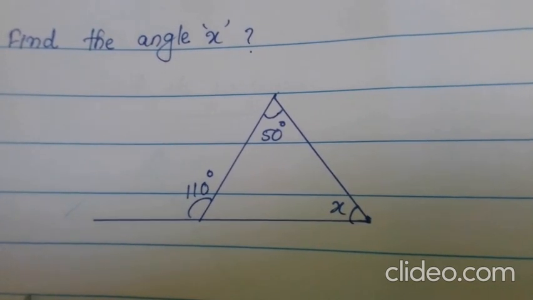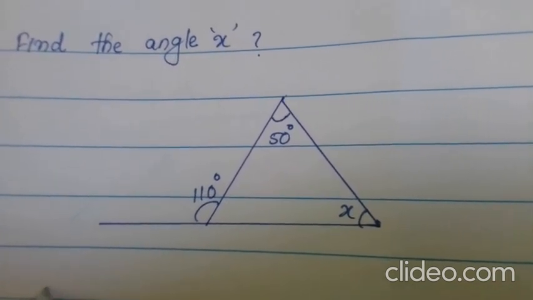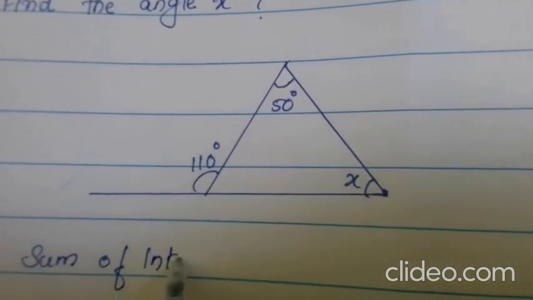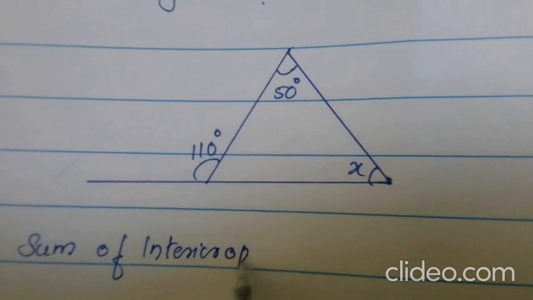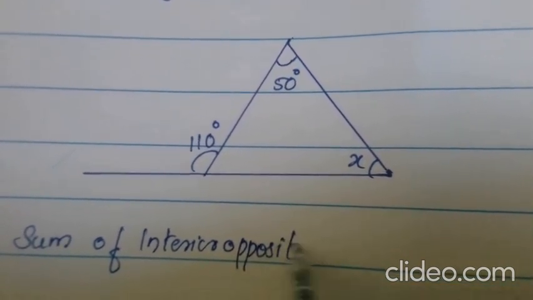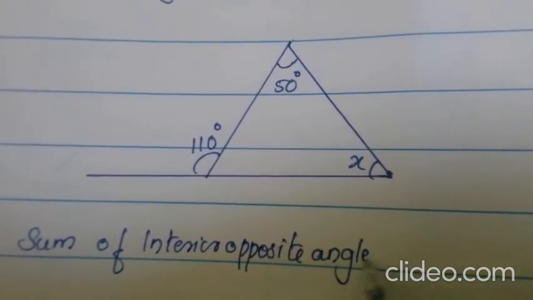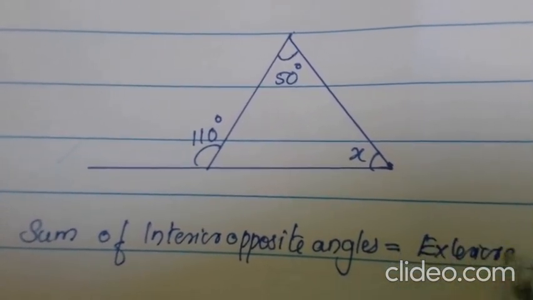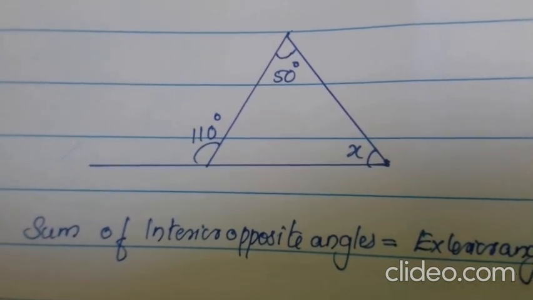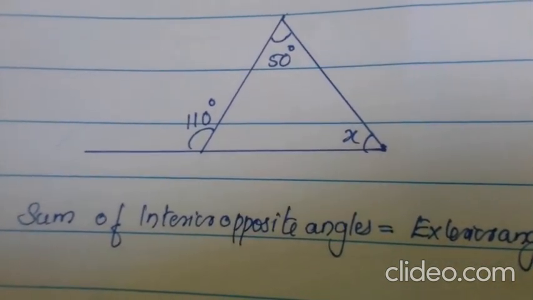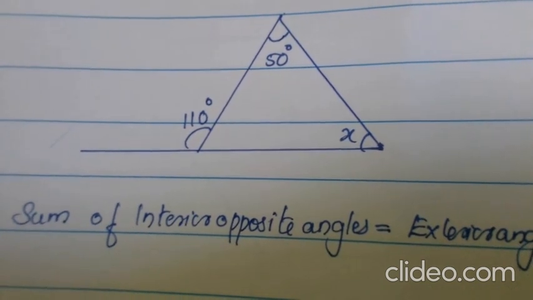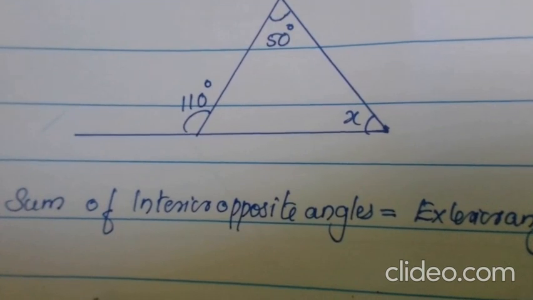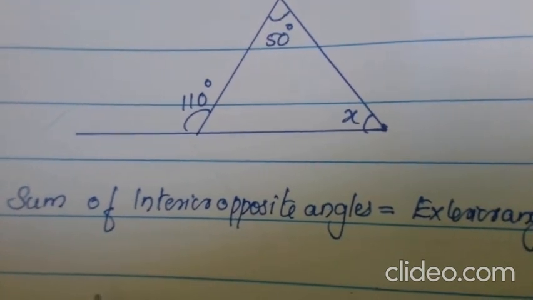So, we already know exterior angle and its property is what? Sum of interior opposite angle equal to exterior angle. Is it? So, in this figure, which is the interior opposite angle?